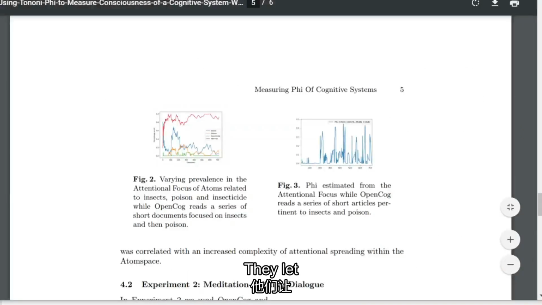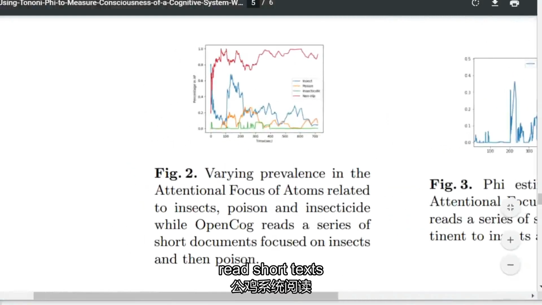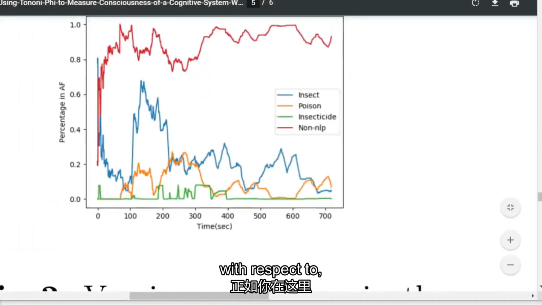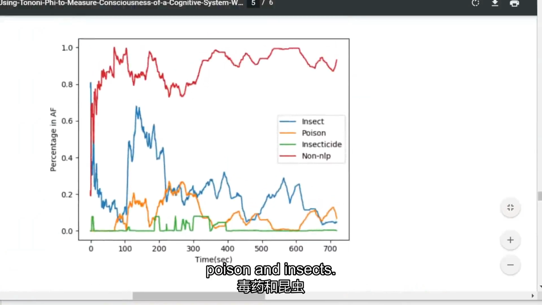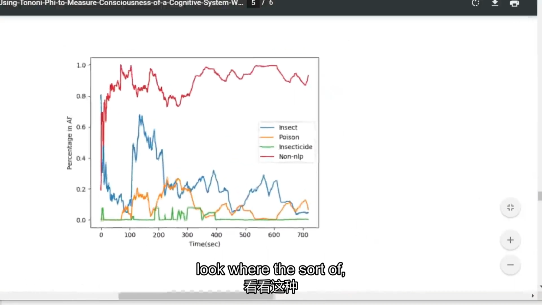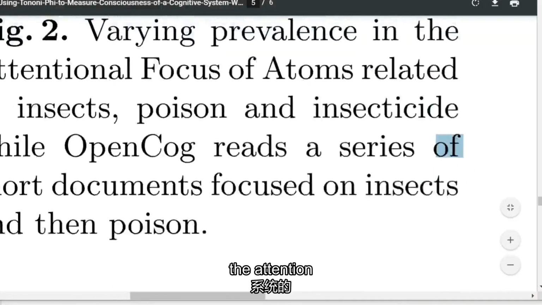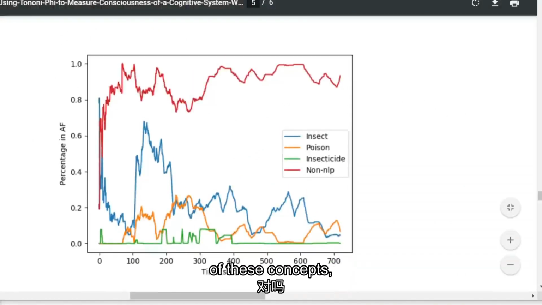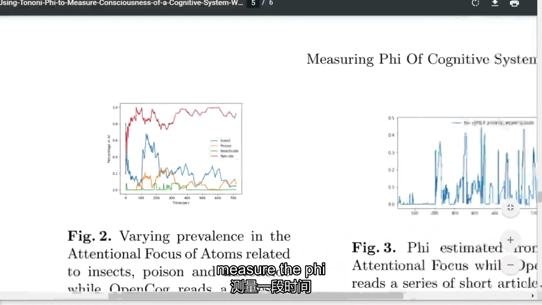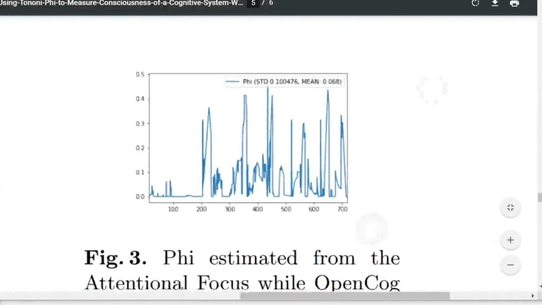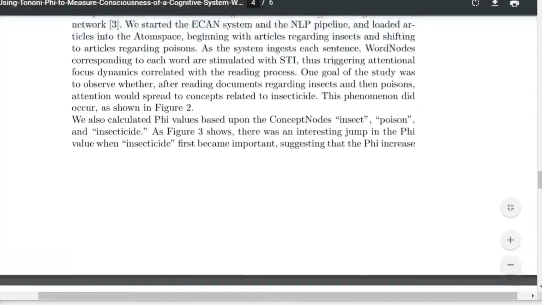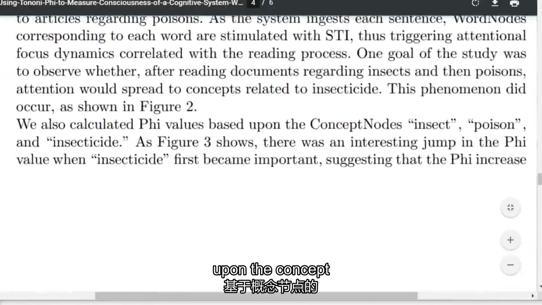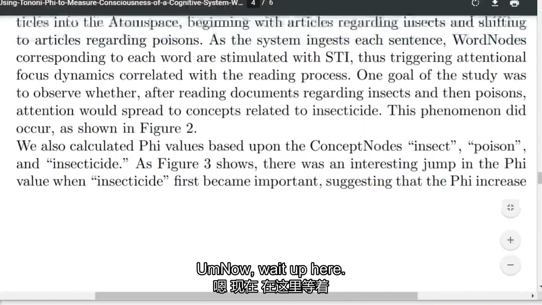And here they let this OpenCog system read short texts with respect to, as you can see here, poison and insects, and they look where the attentional focus of the system rests on which of these concepts, right? And then they measure the phi over time, and their claim here is, we also calculated phi based upon the concept nodes, up here.